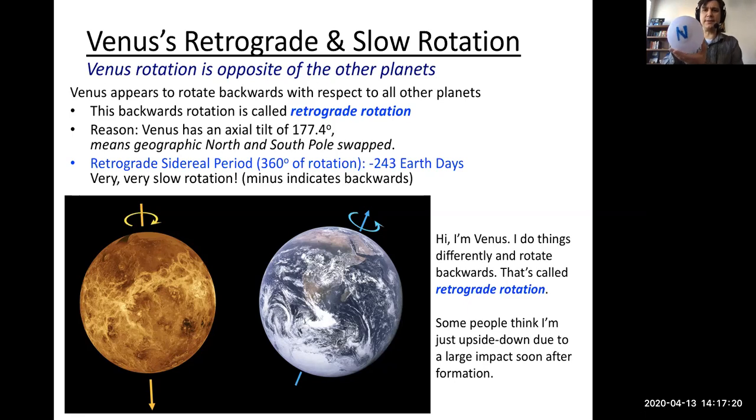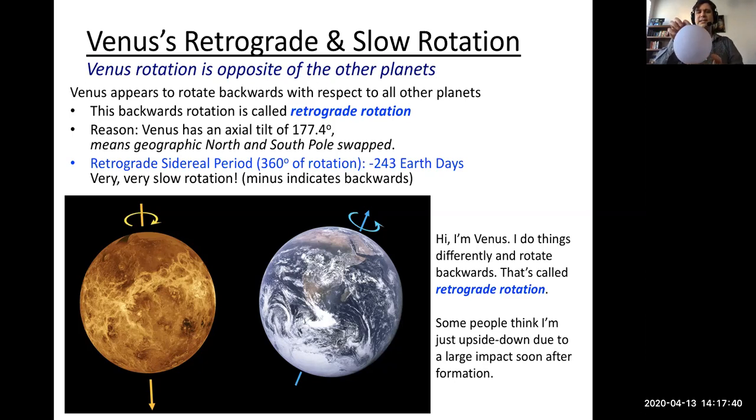So what is really happening? Here I have the North Pole and the South Pole of my model of Venus. Imagine it's rotating the direction that you'd expect it to, and then we're going to take its axial tilt and tip it 177 degrees. So now the north is down here and the south is up here.